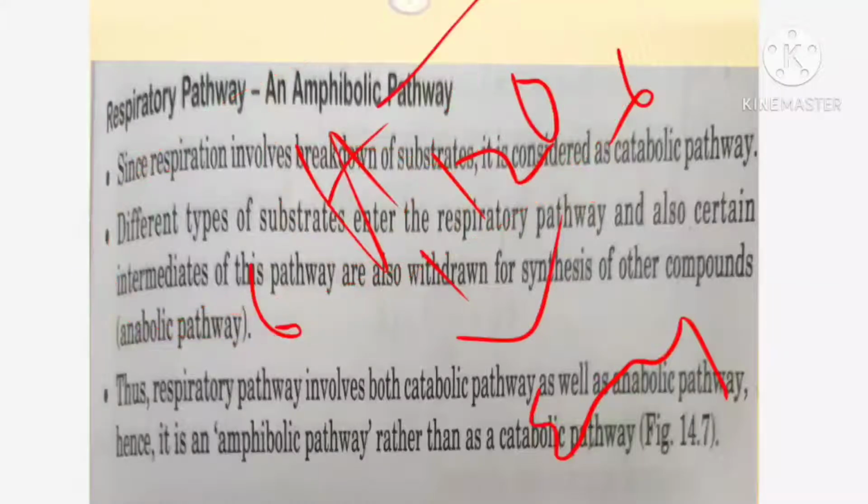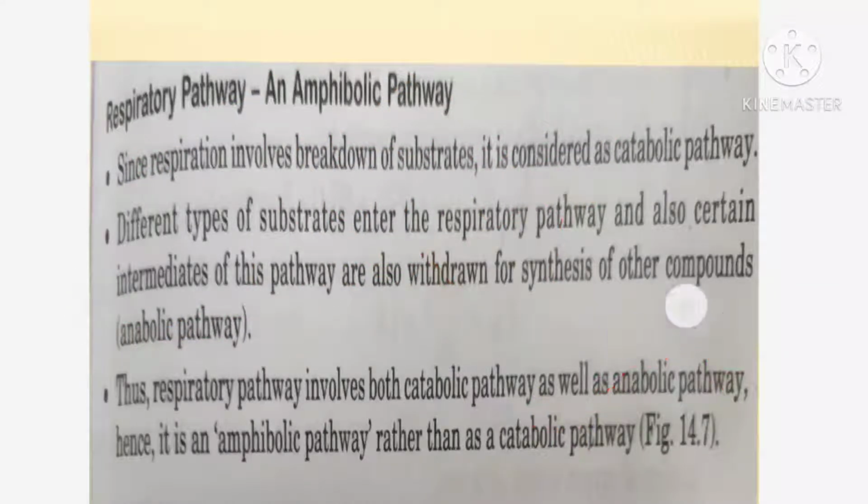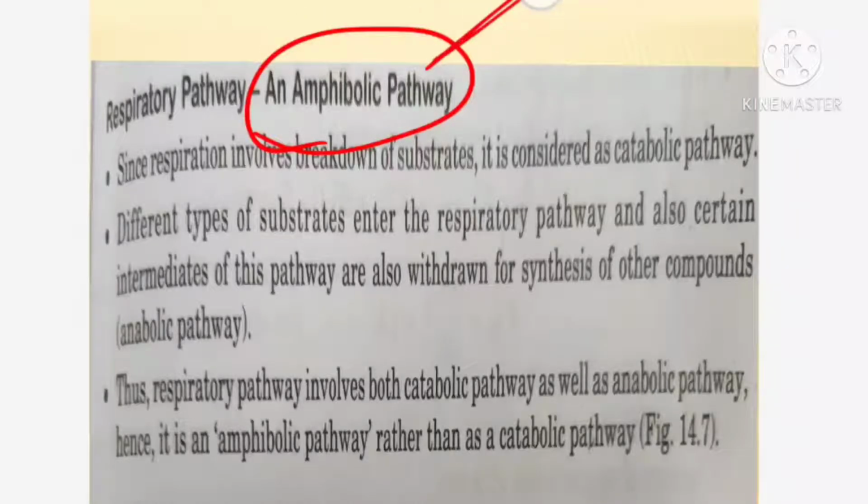But we usually refer respiration as an amphibolic pathway. We cannot tell it as a catabolic process or an anabolic process, and we call it as an amphibolic pathway. Why it is amphibolic? Because amphibians, you know, isn't it? Both if they are doing, then the same here. Amphibolic pathway, why?